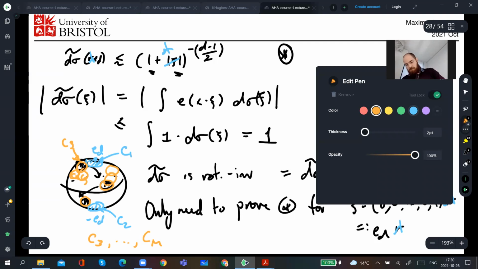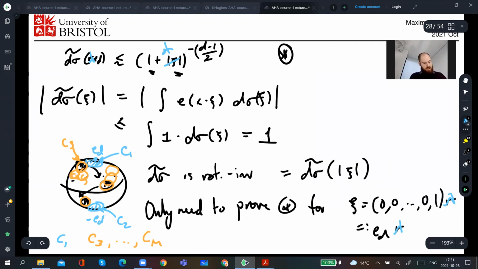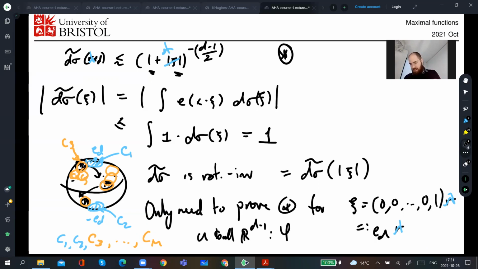But then I have C1 and C2, my two special caps. Great. And I have a partition of unity that maps, say, the same open ball. So I have a ball U in R^(d-1). And I have functions phi_i. Nope, I think I say psi_i.